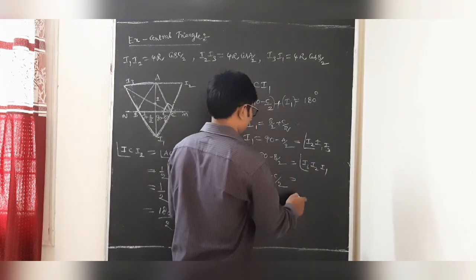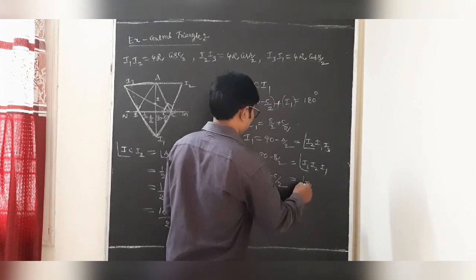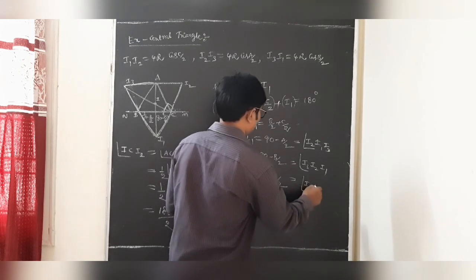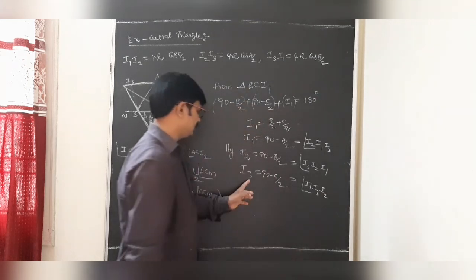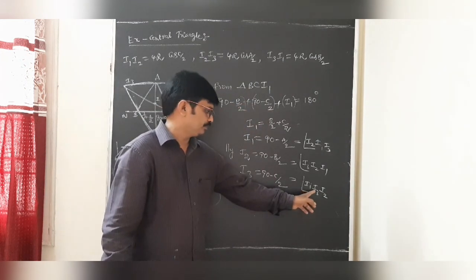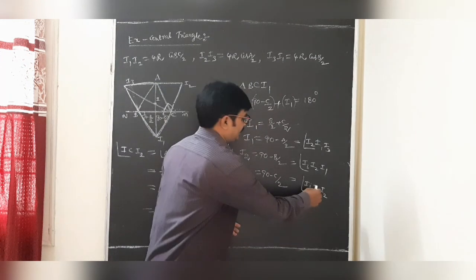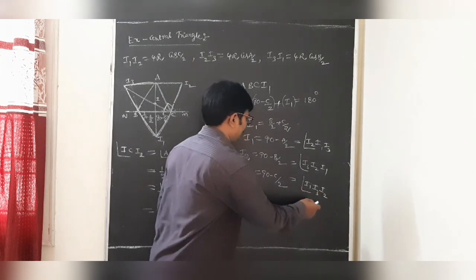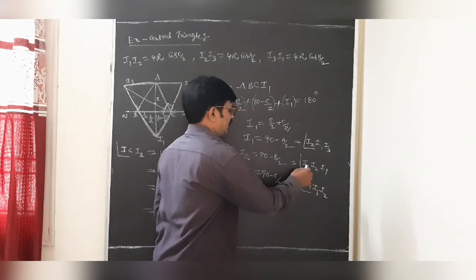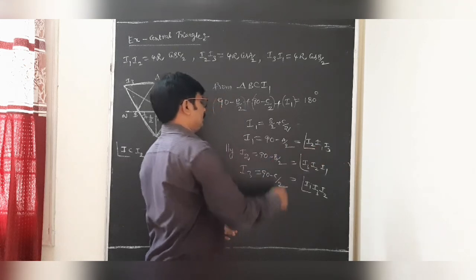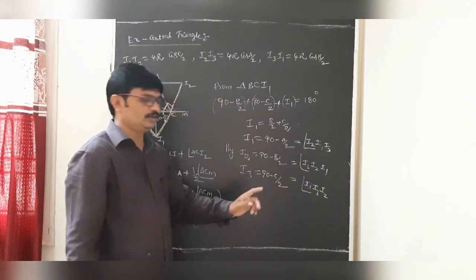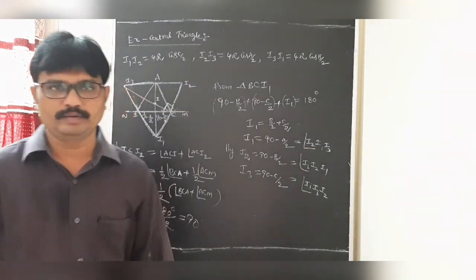So this can be written as the angle I1I3I2. Is it clear, students? I3 is the middle of I1, I2. So I3I2I1, I2I1I3 and I1I3I2 are 90 minus A by 2, 90 minus B by 2, and 90 minus C by 2.